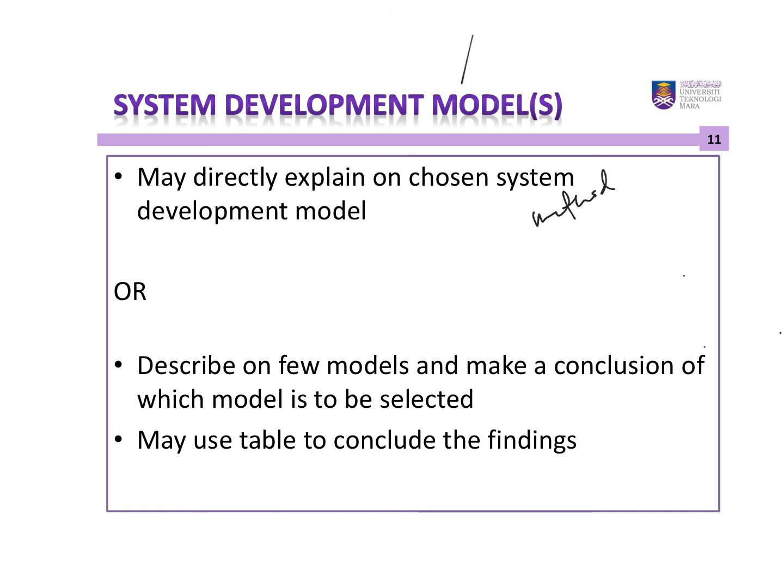And then system development model ni ada banyak sebenarnya. So you may review 1, maybe 2 development models. Okay, so apa yang kena buat? Describe few models, make a conclusion on which model is to be selected.